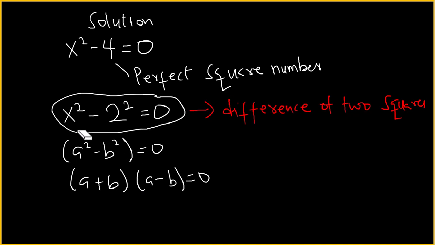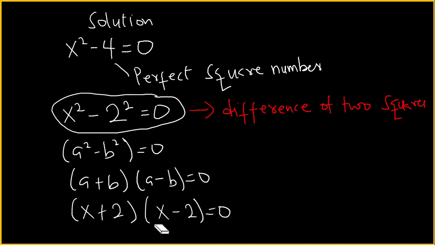We have x plus 2, the second bracket takes x minus 2 equals 0, and this leads us to the factorization, which was the first approach, the first type.